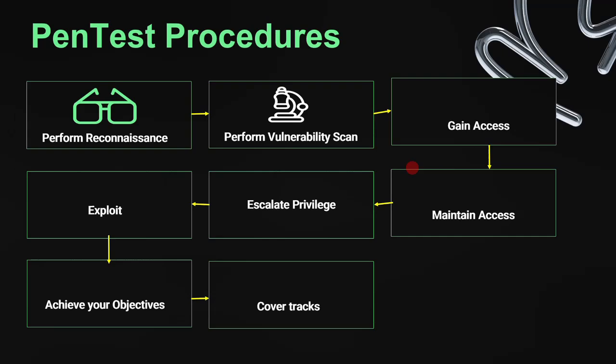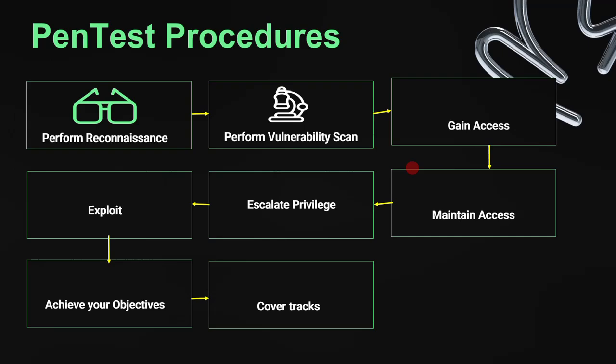So for the pen test procedures, we're going to perform reconnaissance. We'll move from reconnaissance to performing a vulnerability scan, then from the scan to gaining access to the target system. From gaining access, we have to maintain access. For us to do more things, we need to escalate privilege, to move up.